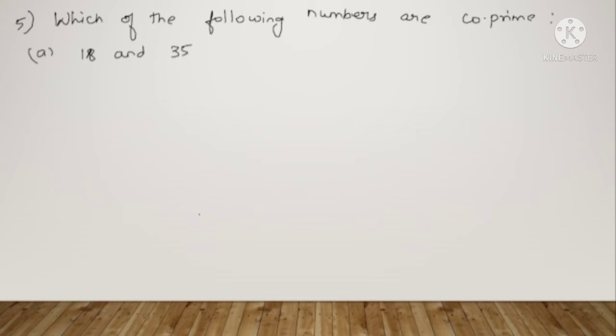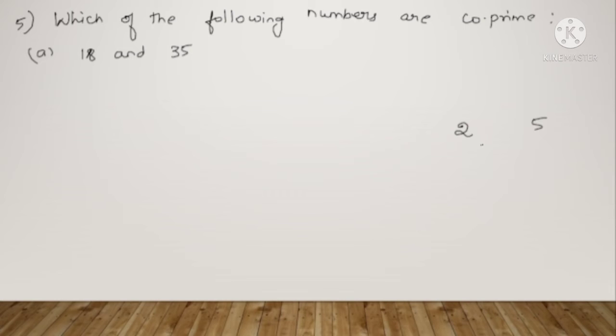So we have to find which of the numbers are co-prime. So what do you mean by co-prime? Co-prime is nothing but if we consider two numbers, and if these two numbers have the number 1 as the common factor, then we say that the two numbers are co-prime. For example, consider the number 2 and the number 5.